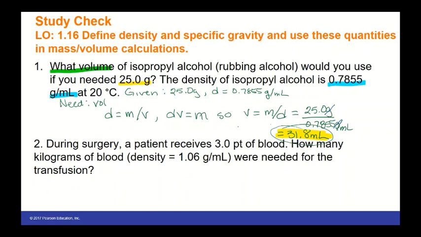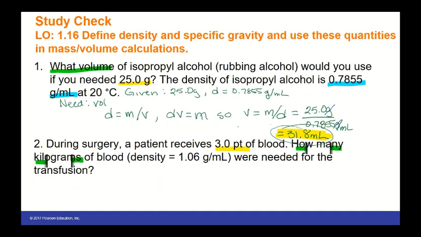You can go back in the PowerPoint and find the table where we have the conversions between metric and English units. Take a moment to solve the problem on your own. If you need more time, you can pause the video to give you more time to solve the problem.